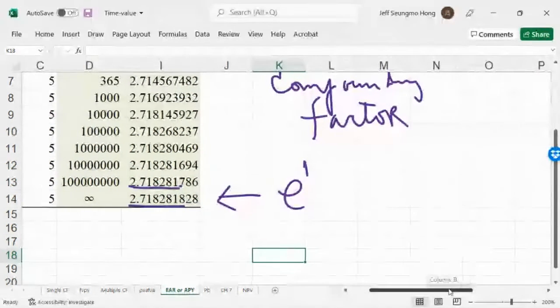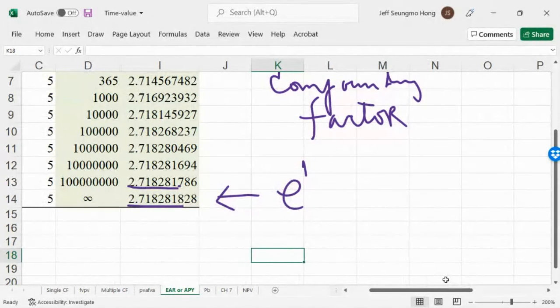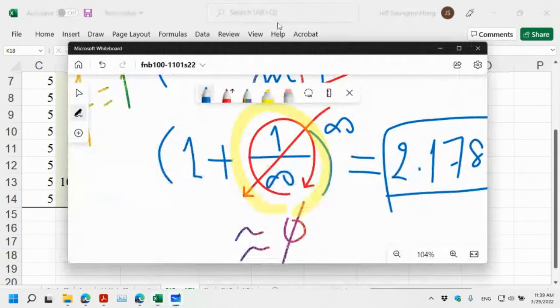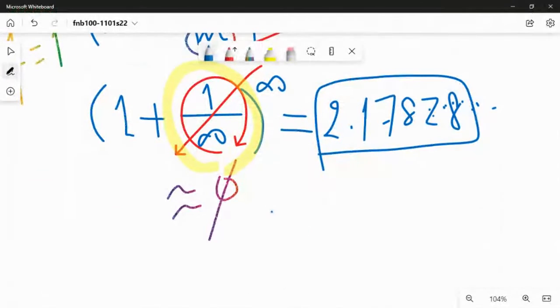Another takeaway: think about it. What is the lowest number that you can raise to a power? What do you think it is? The smallest number you can use as the base that you can raise to a power.